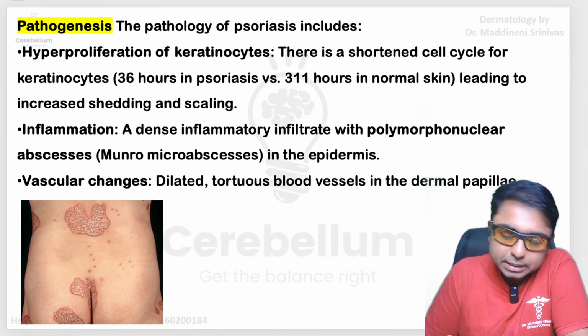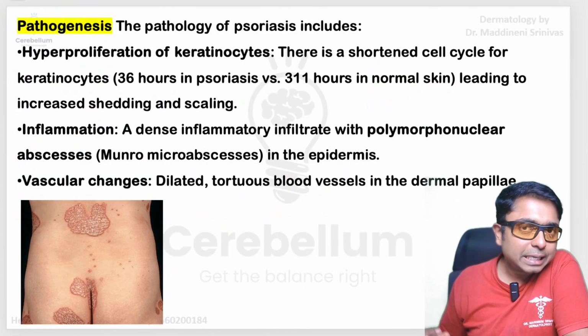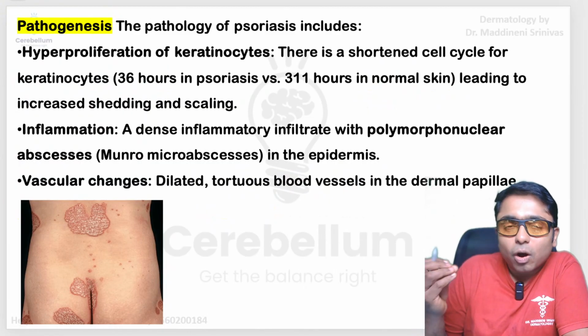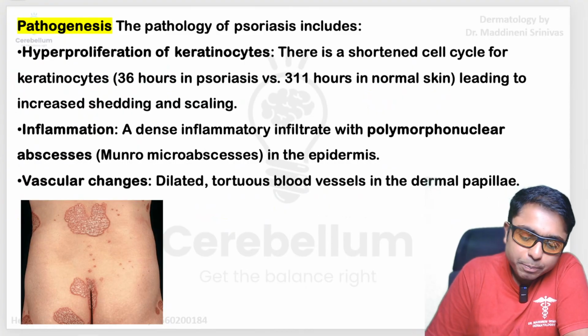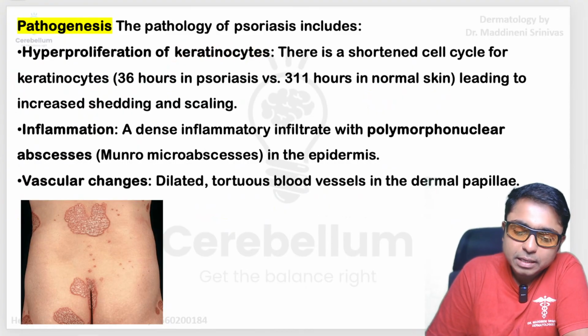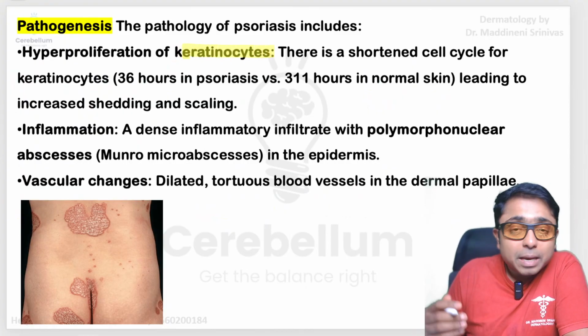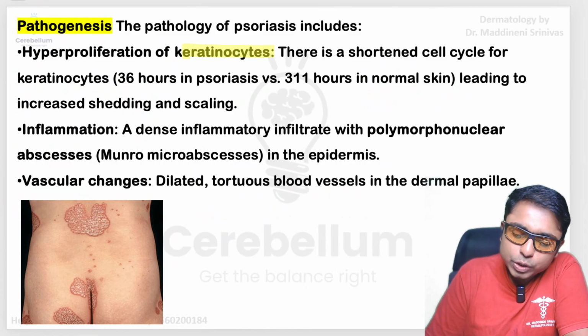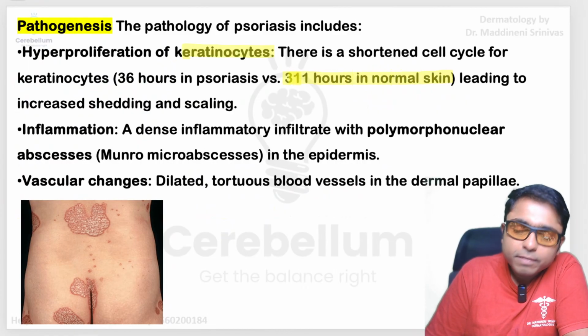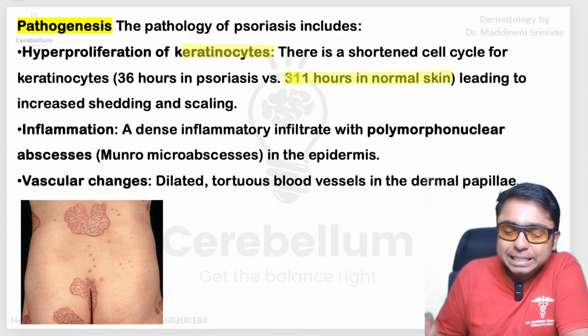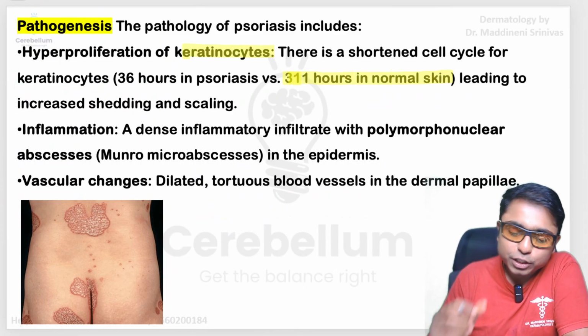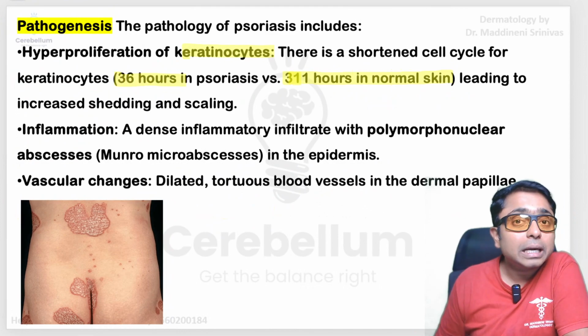Coming to the pathogenesis, like we have already told, there is autoimmunity in the dermis which produces proliferation of the keratinocytes. Because of this, the usual time taken for a normal cell to proliferate and divide is 311 hours, but in patients with psoriasis it is reduced to 36 hours.